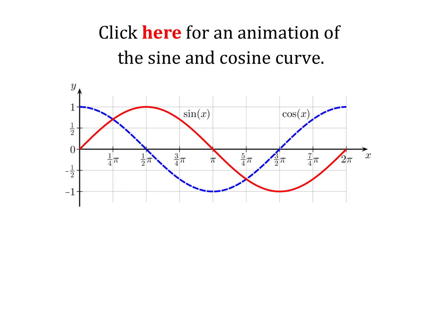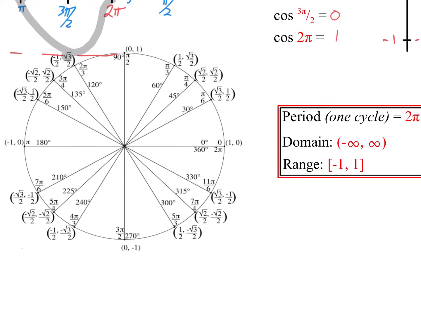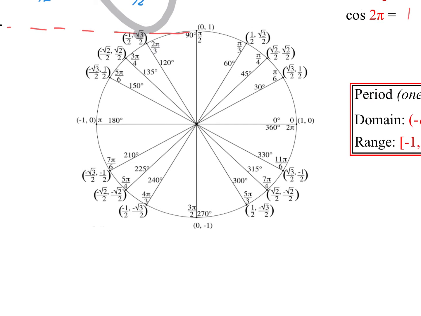And the reason for that is that these are technically the same graph. The sine function is just pi halves ahead of the cosine function. So they're just kind of offset. And the reason for that, you can kind of see in the unit circle, is if I look at these values for sine and cosine, and if I kind of jump one quadrant ahead, you'll notice these values repeat over and over.